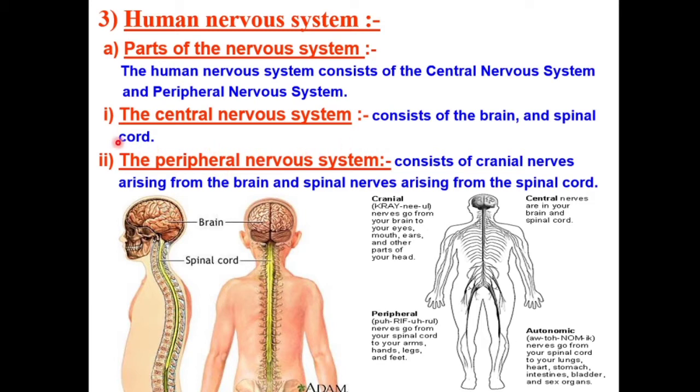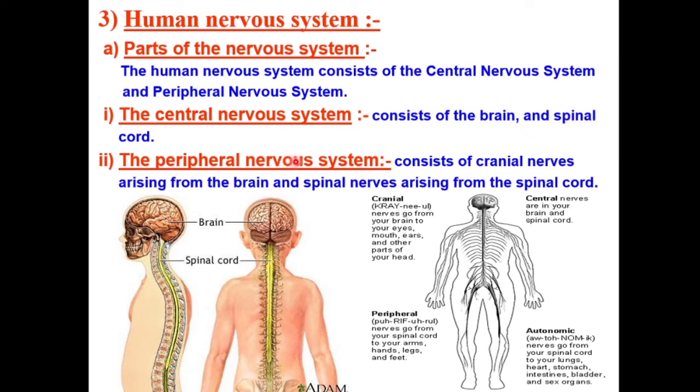So our nervous system can be divided into two parts: the central nervous system, that is the brain and the spinal cord, and the peripheral nervous system, which is coming out from the brain and spinal cord. Now, the central nervous system contains what? Brain and spinal cord.